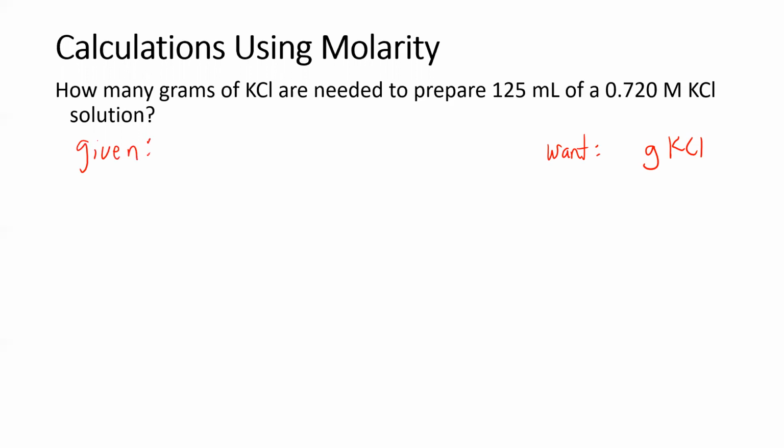They see two things. They see 125 mLs and they see the 0.720 molar potassium chloride. What I tell students, whenever you see this M, it is a conversion factor. You should think in your head and rewrite it as 0.720 moles of potassium chloride per 1 liter.